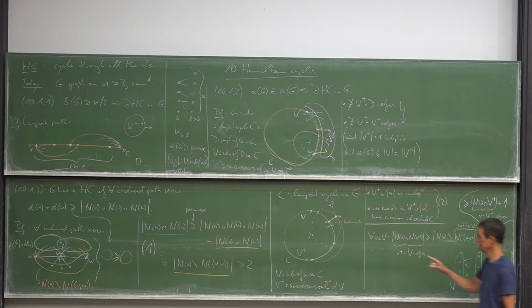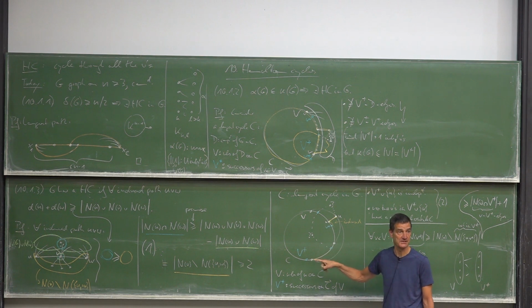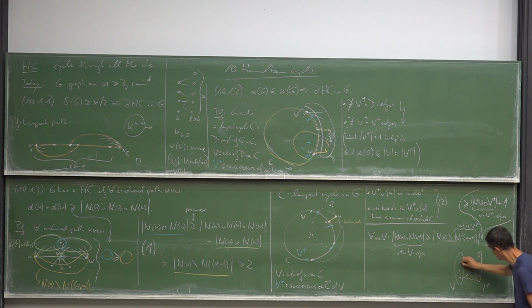Notice that little v's send an edge to their v plus, but also possibly to some other v pluses. So this graph may have lots of edges. And this here counts for every little v the edges incident with that v.